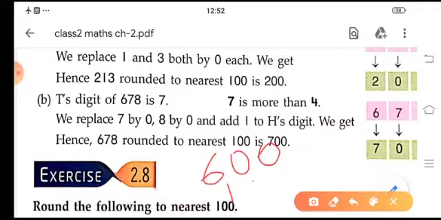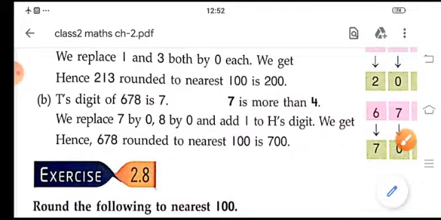So this is the hundreds place, this is the tens place. 6 plus 1 is 7, so we get 700.